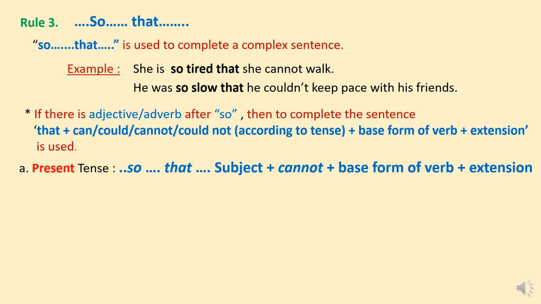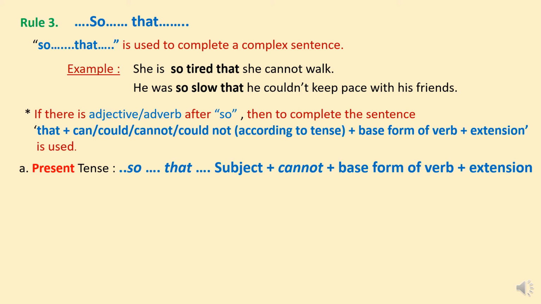She is indicates present tense, and after that clause there is cannot, the present form. So what will be the structure if it is present tense? So plus that plus subject plus cannot plus base form of verb plus extension.